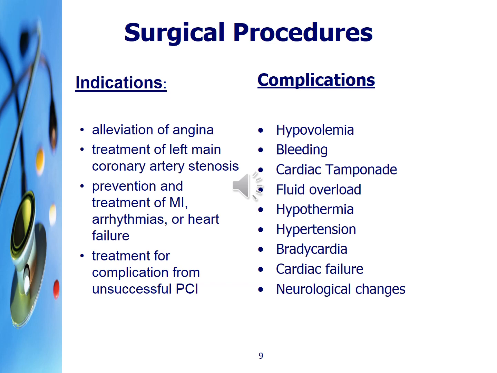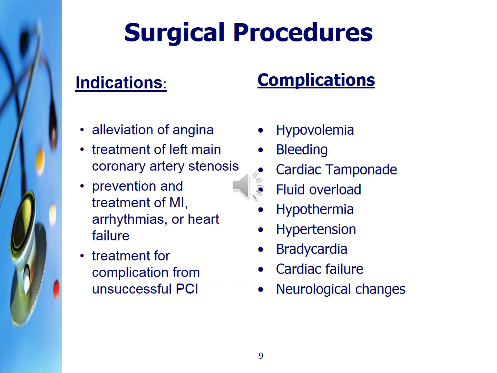The patient can develop fluid overload as well, due to all the fluid and maybe blood that the patient receives during the surgery or the procedure. Patient can also have hypothermia during this as well because they also lose a lot of blood volume. They can develop hypertension as well because sometimes they can damage the vessels, which is going to occlude the vessels even more. The patient can develop bradycardia as well, can go into cardiac failure.